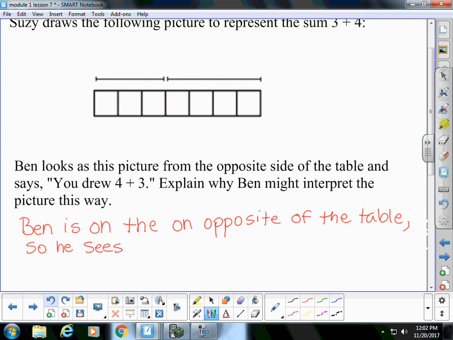So he sees 4 plus 3 blocks, or the blocks in the opposite order.